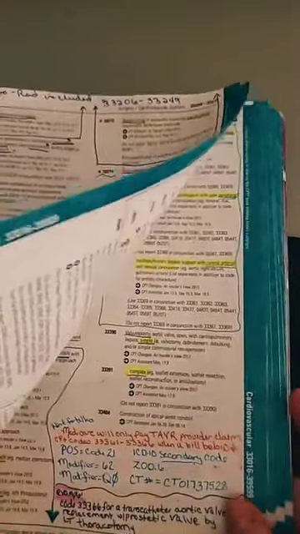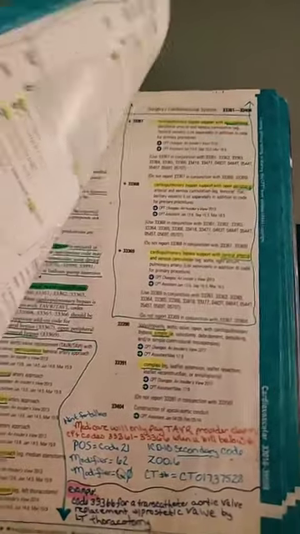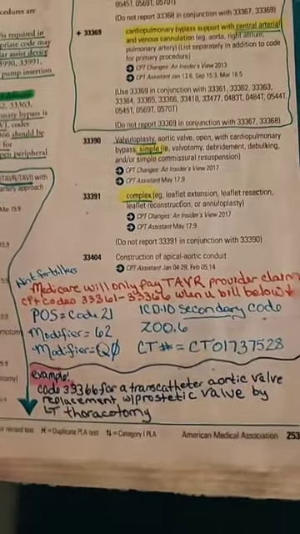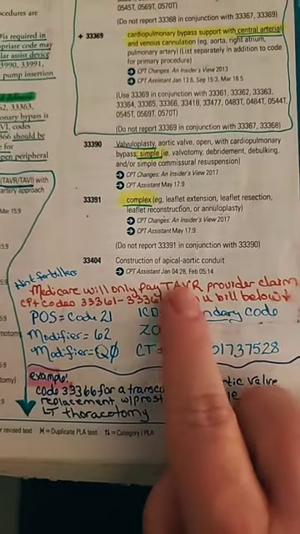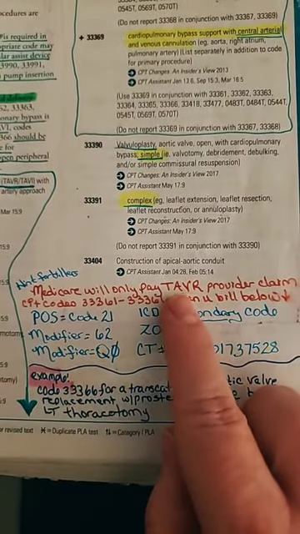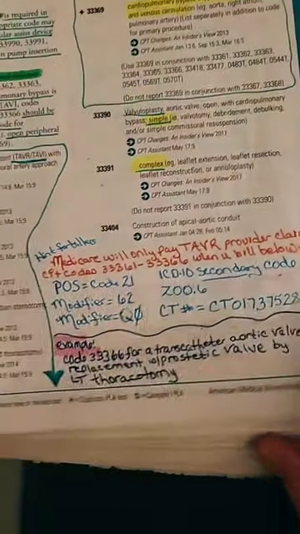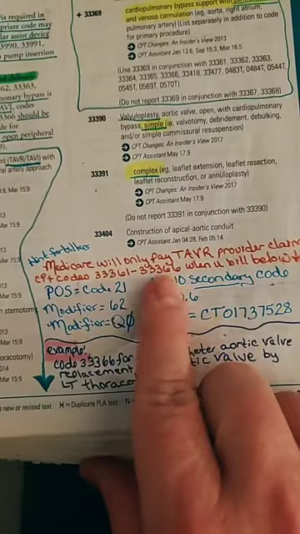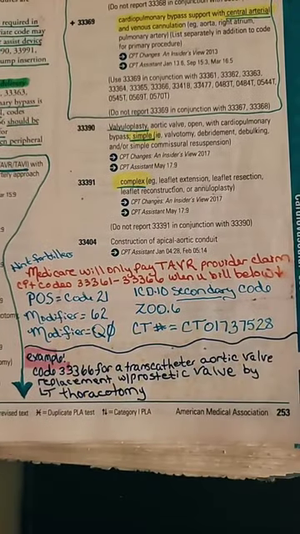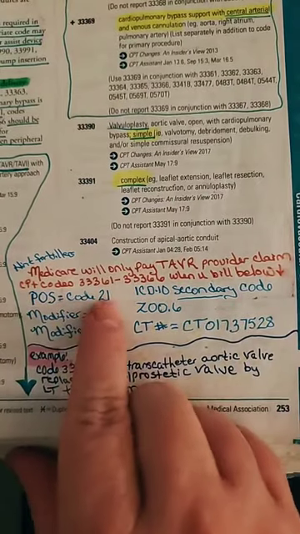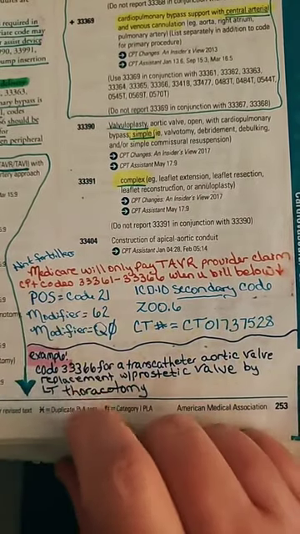Some more billing information for Medicare down here. If you happen to be billing for a TAVR for Medicare, they are only using those 5 codes when you bill. And the place of service needs to be 21.